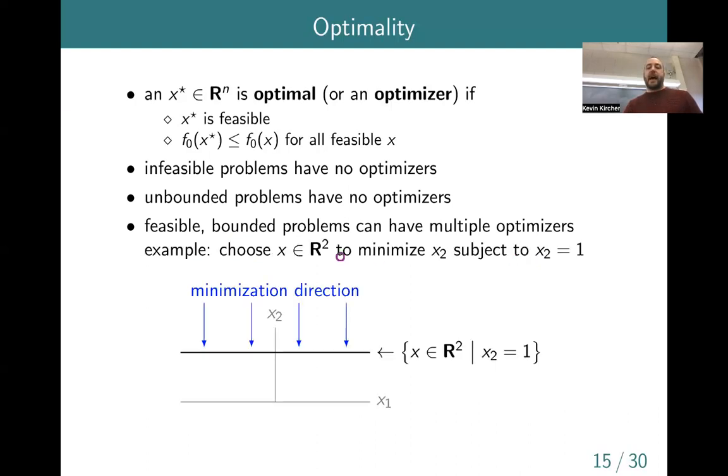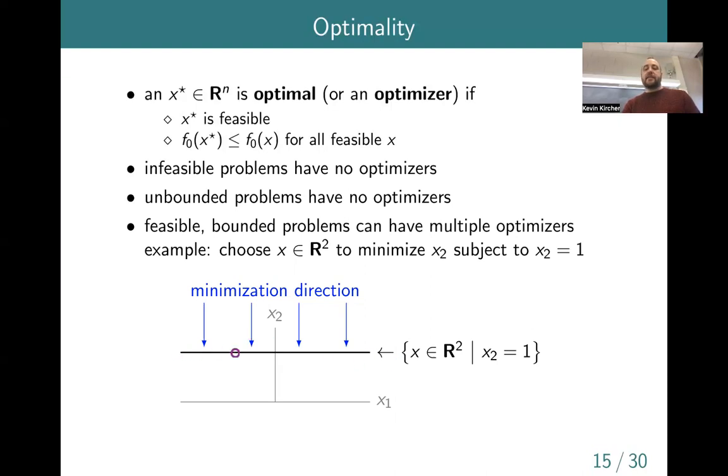For an example of that, suppose we have a two-dimensional variable, x1 and x2, and we're trying to minimize that second coordinate, x2, subject to the constraint x2 is equal to 1. It's a totally weird thing to do, and it's not a problem that would come up in reality, but problems like this do come up in reality, so this one illustrates them. Here's the plane, x1, x2, and we want to make x2 as small as possible, so we want to move downward in that direction.